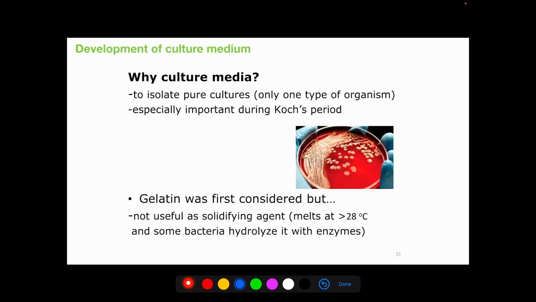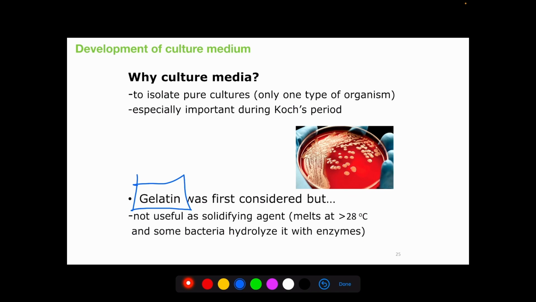Now, let's also look at what culture medium is. We use the culture medium to isolate microorganisms. It helps us to identify one type of organism. It was very, very important during Koch's period. Initially, the culture medium that we were using was gelatin. It was the first that was being used.